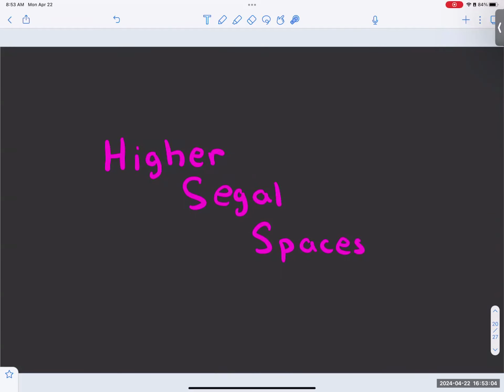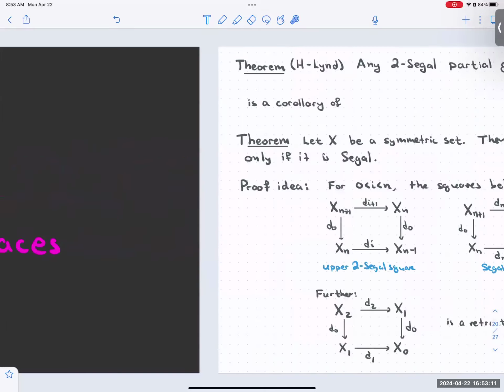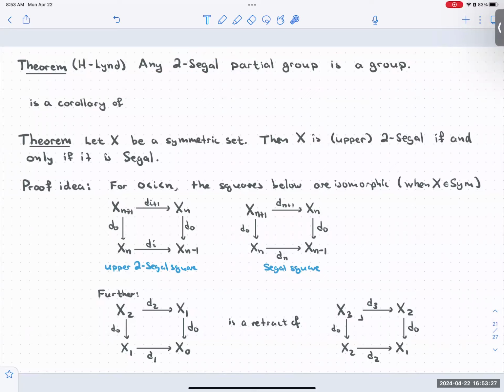Okay, so I'll say a little bit about higher Segal spaces, and I'm not going to say too much. But I did definitely want to address this theorem that any 2-Segal partial group is a group. And maybe the better theorem is this one, which doesn't say anything about spininess.